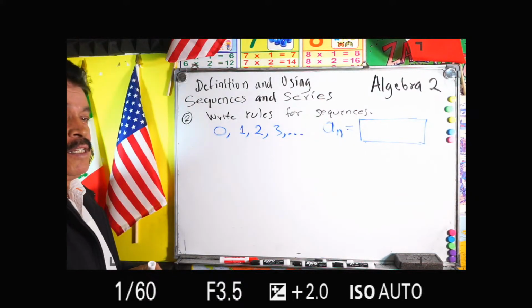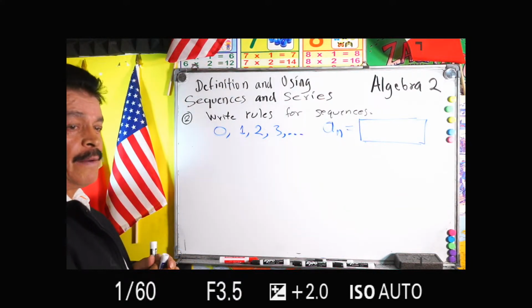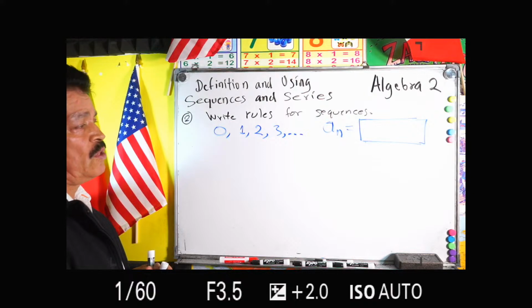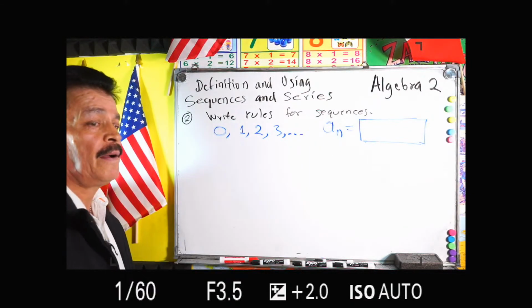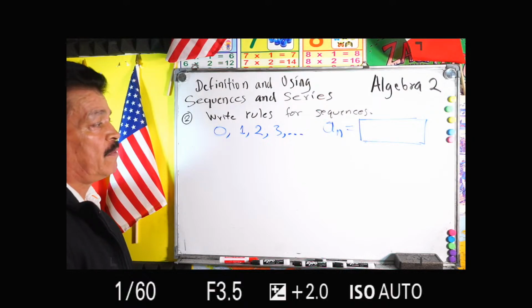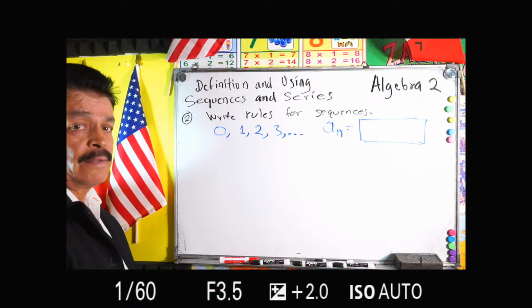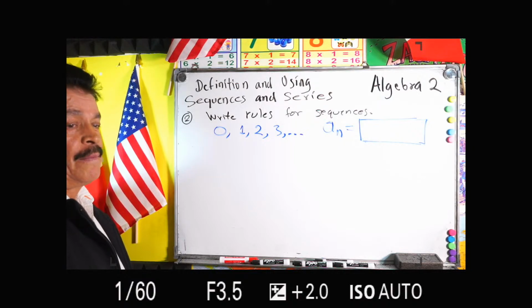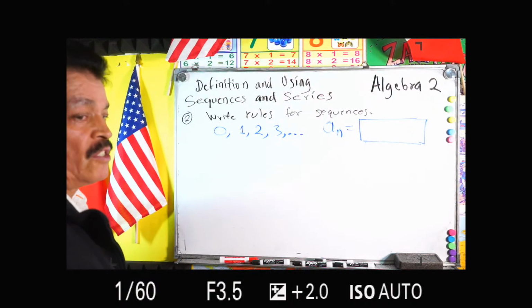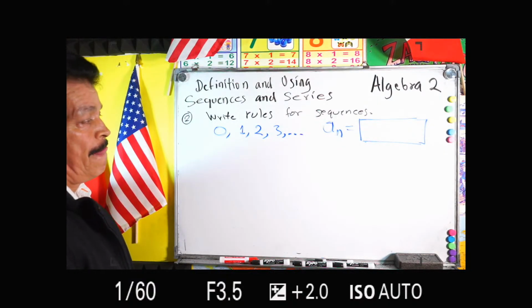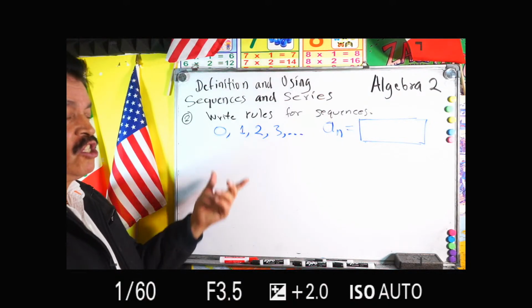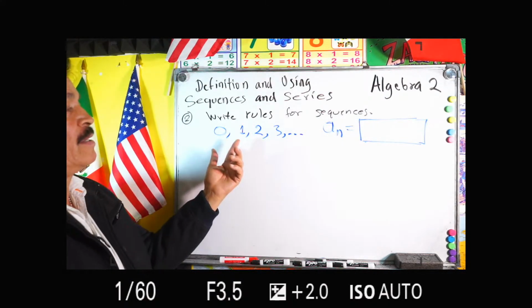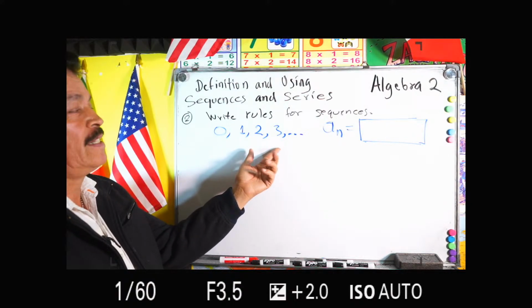Okay, so we have to use the n to represent the position of the term of the sequence. All right, like the first problem I gave you. Let's continue the sequence, like maybe 1, 2, 3, you immediately see 4.